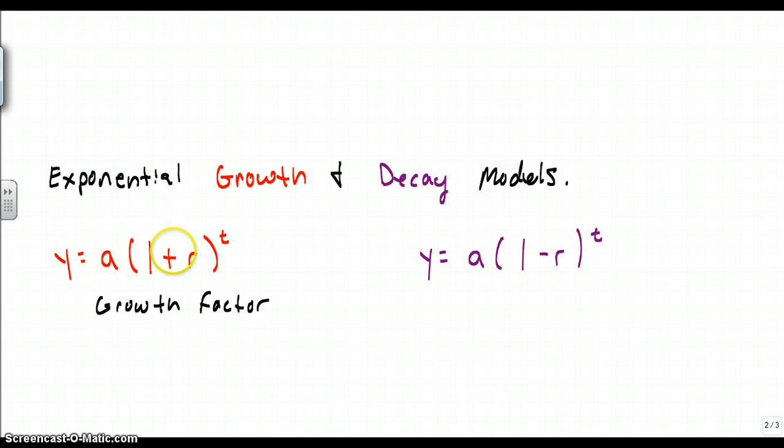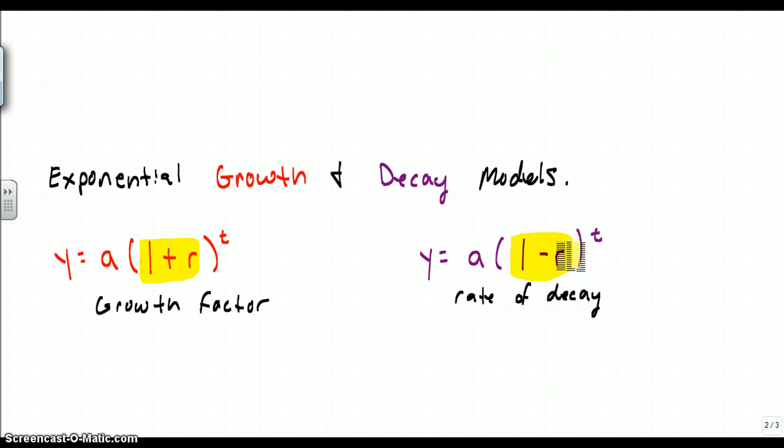Let me highlight that so you can see it. And then the 1 minus r in decay is the rate of decay. So in this case, the 1 minus r is the rate of decay.